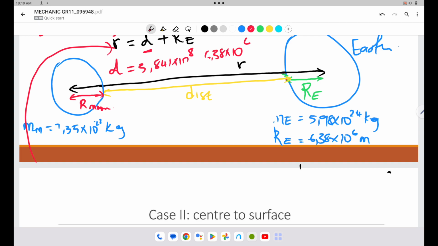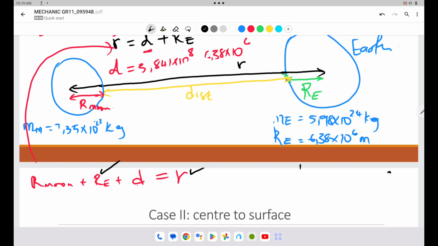To calculate that surface to surface distance, we would have to use a new expression: the radius of the moon plus the radius of earth plus the distance that we are looking for, which is the surface to surface distance, now is equal to r. And how do we calculate this distance? We know this from the universal gravitational law formula.